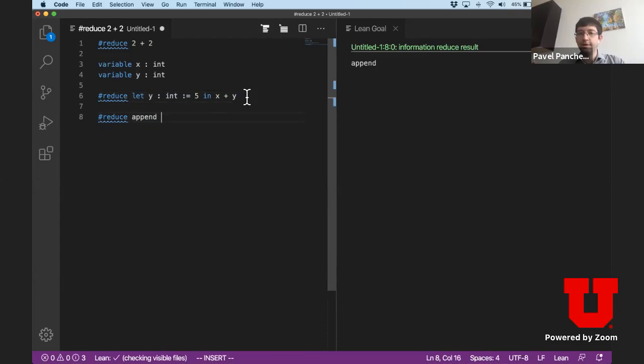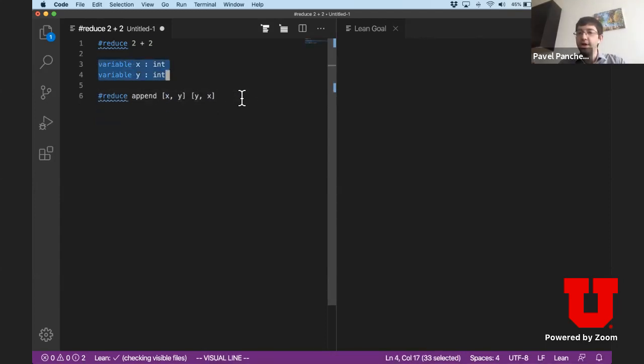So for example, Lean has lists built in and also an append function. So we can ask it, what happens if we append xy to yx? And you can see here that we haven't told Lean what x and y are. X and y are still defined just as generic variables of their type.